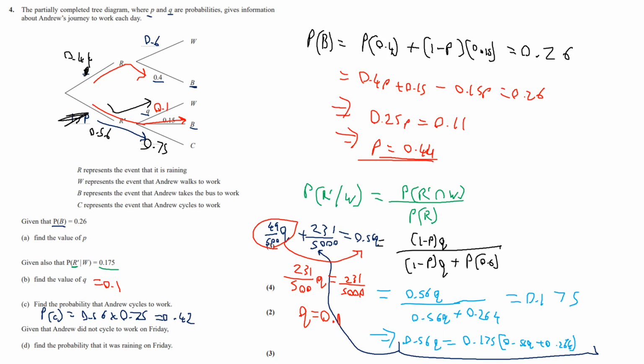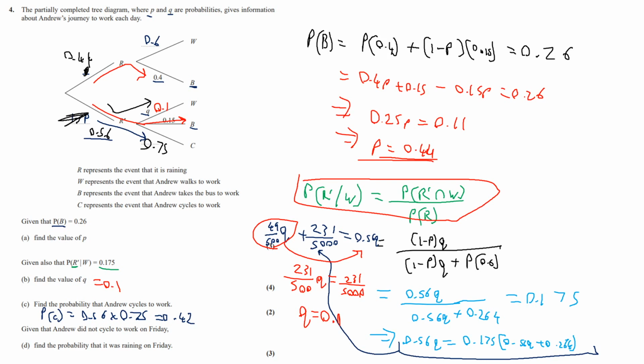And now, here's the part which is a bit challenging. Given that Andrew did not cycle to work on Friday, find the probability that it was raining on Friday. Well, all we're going to do is use this formula again, but this time I'll do it in a different color.